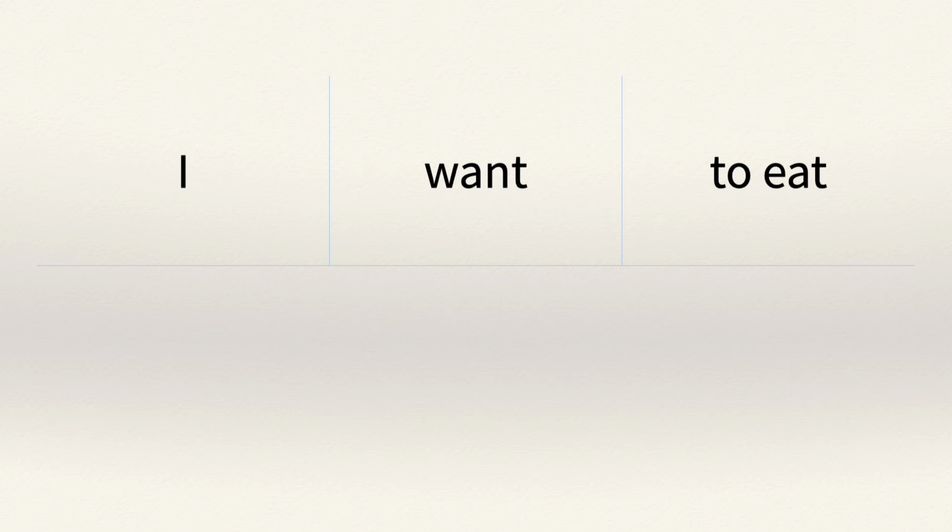It's not that bad. But here we're using two verbs. I want to eat. How do you say I? Yo. And we conjugate want to the person. So here it would be quiero. To eat is in its infinitive form.